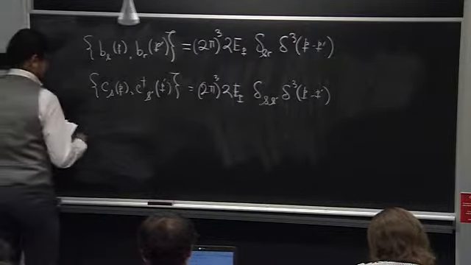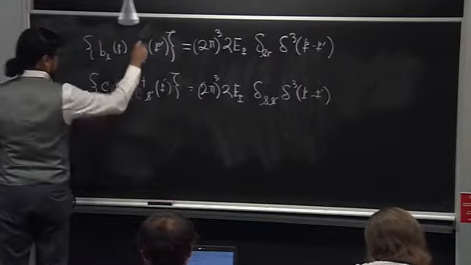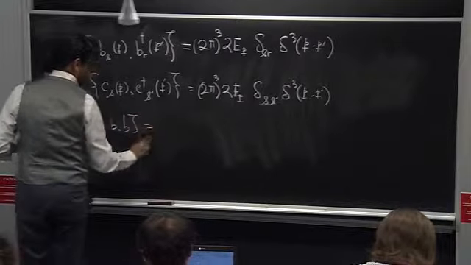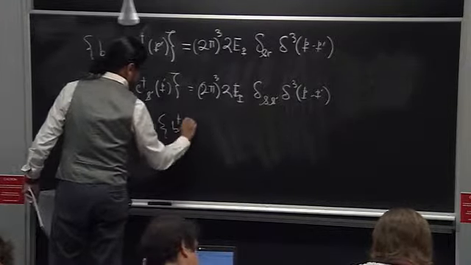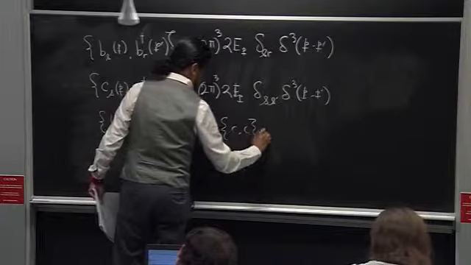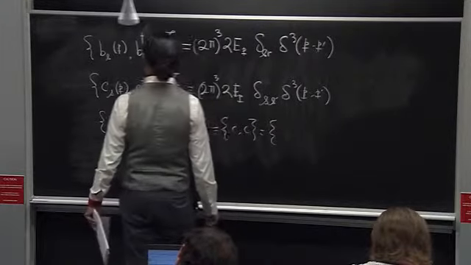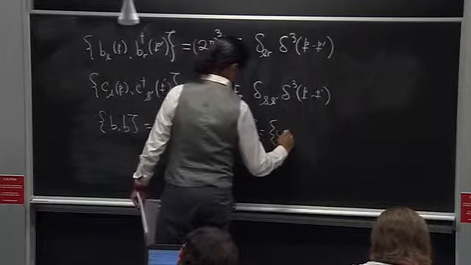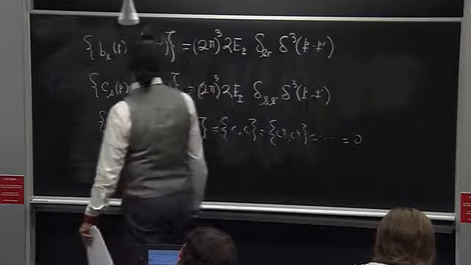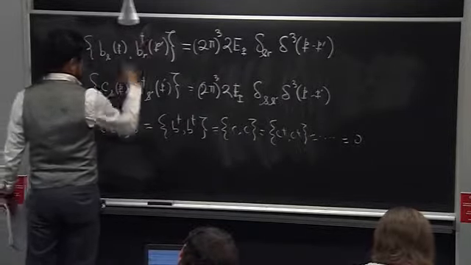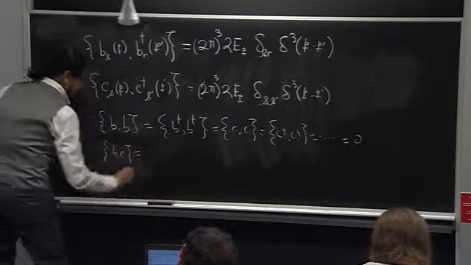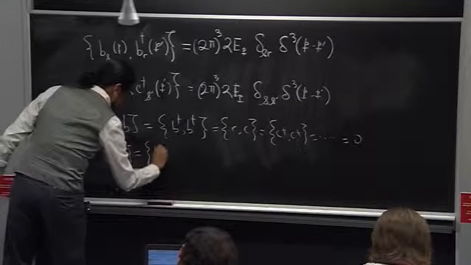And it also means that all other anti-commutators such as these guys, there are a few others, such as B and C, and yeah, those things are also zero. So also let me just write this B C, B dagger C.